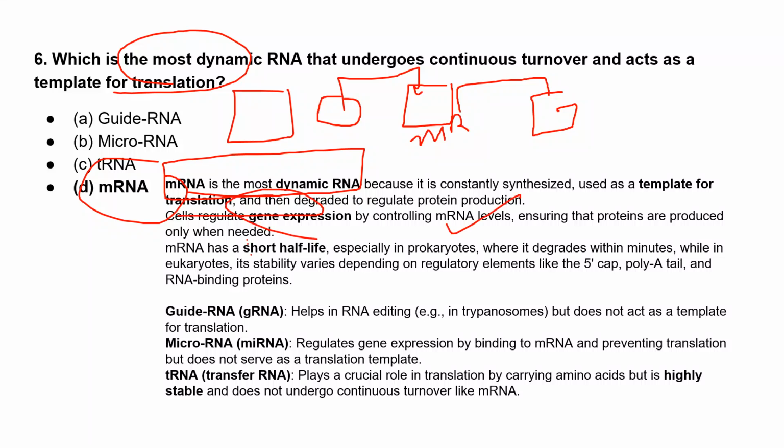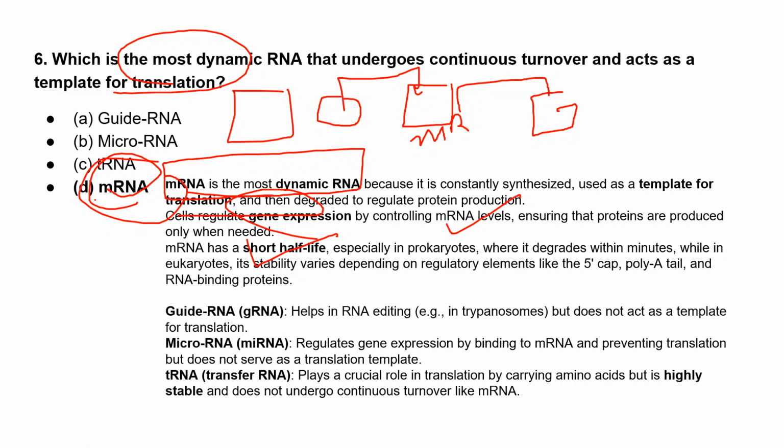Also, mRNA has a short life, especially in eukaryotes, so it degrades with time. This is the characteristic feature of any mRNA. We know that inside the cell there are nucleases which try to cleave those mRNAs, right?